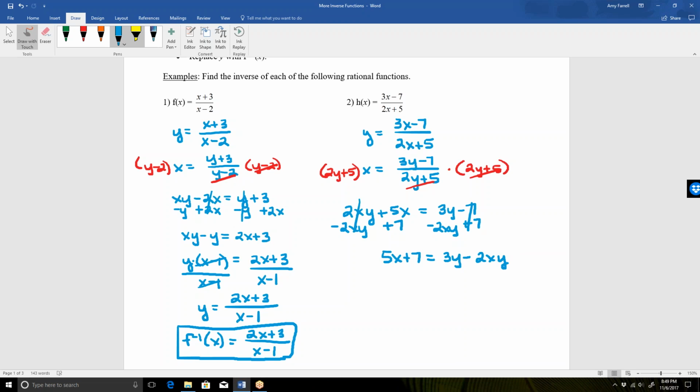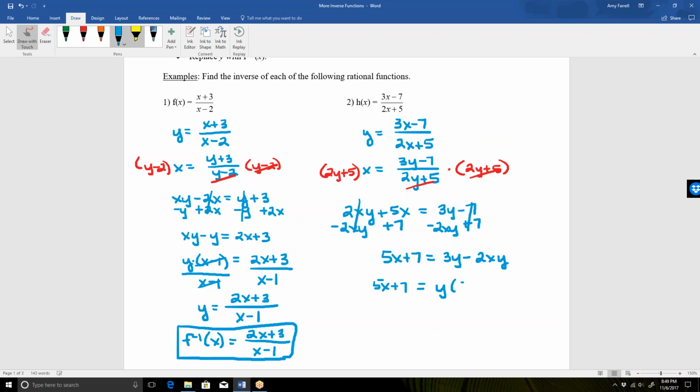The only reason I chose to do it that way for this problem is I saw that if I was going to subtract 5x and then subtract 3y, I would have had two negatives over here. It would have been negative 7 minus 5x. That wouldn't have been terrible. So that was my reasoning for choosing to subtract the 2xy instead of the 3y. It does not matter though. Either way is just fine.